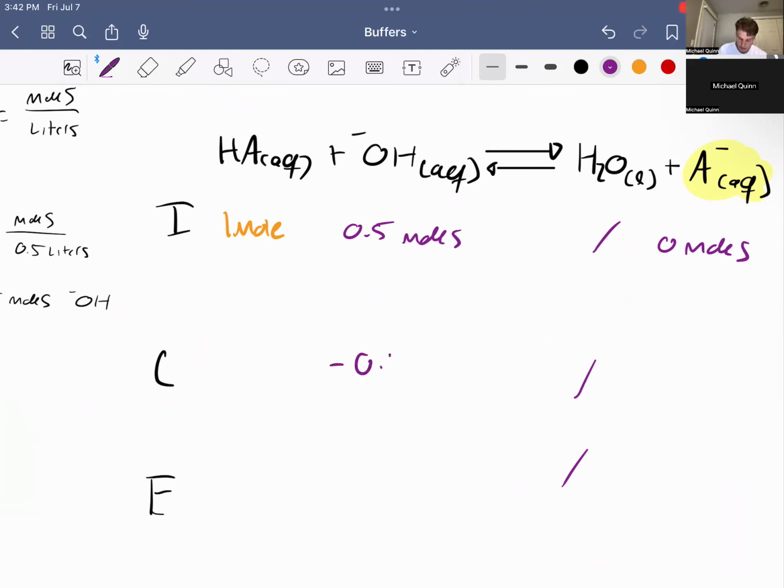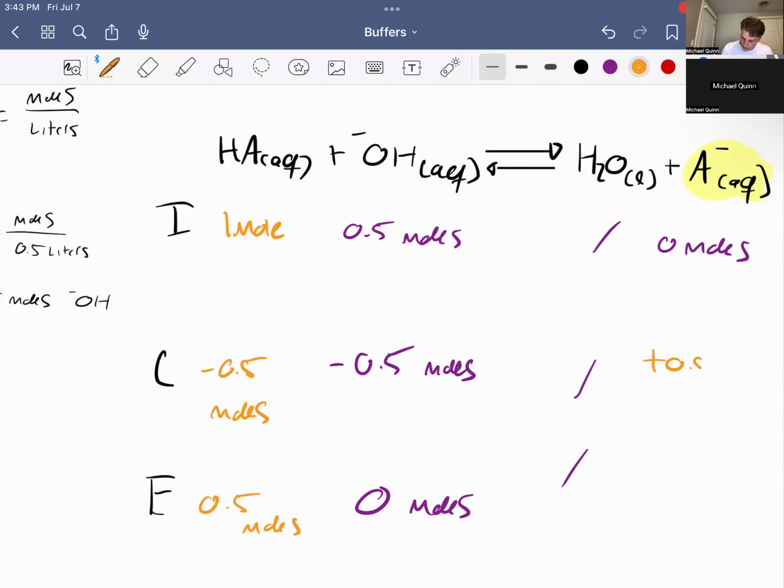So we know 0.5 moles is going to react, and we'll be left with 0 moles. Now, the acid, HA, wants to give as much hydrogen as it can to the base because it's strong, but there's only 0.5 moles of base to accept its hydrogen. So we could only react 0.5 moles. We're left with 0.5 moles, and we're going to make 0.5 moles of the conjugate base in the meantime.